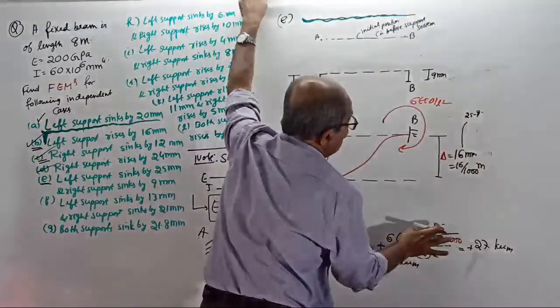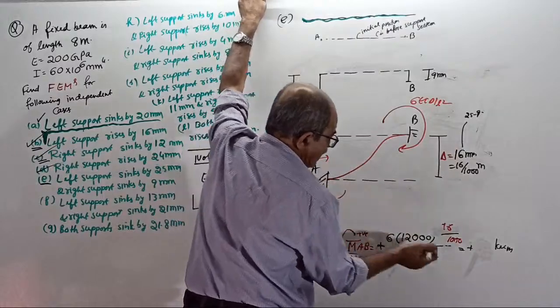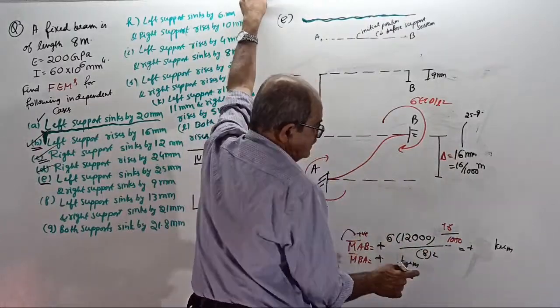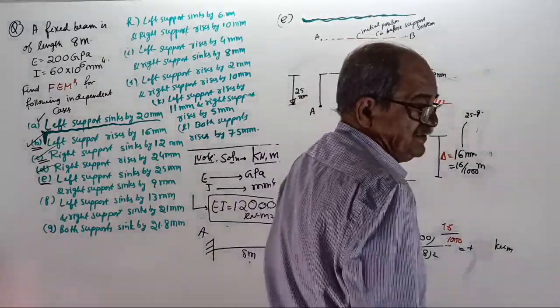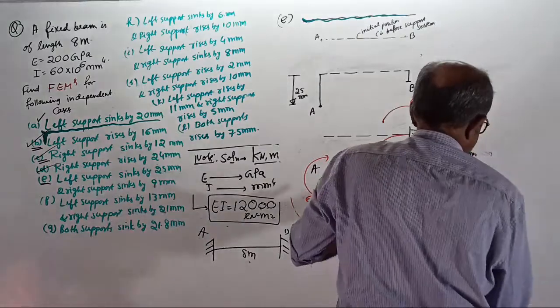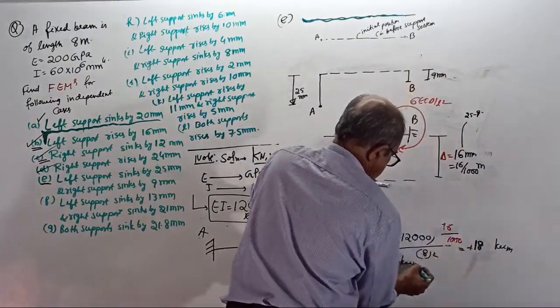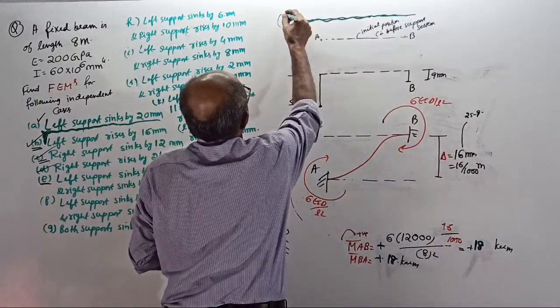Substitute. Delta equal to 16 by 1000. Anybody can tell the answer? Both are clockwise. Plus 18, plus 18. Okay. Now, E over, go to F.